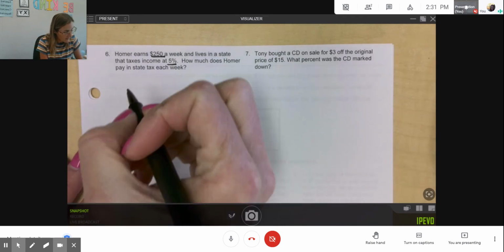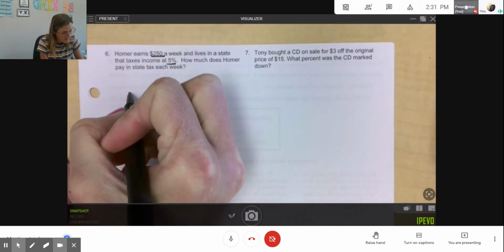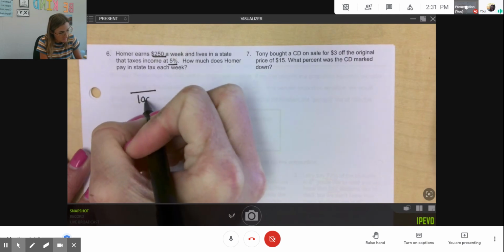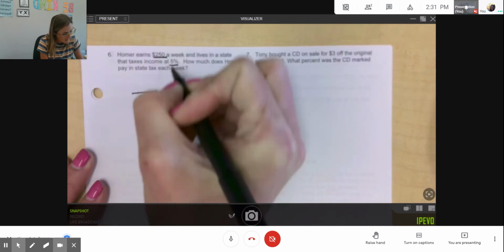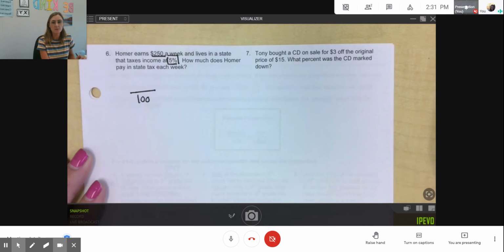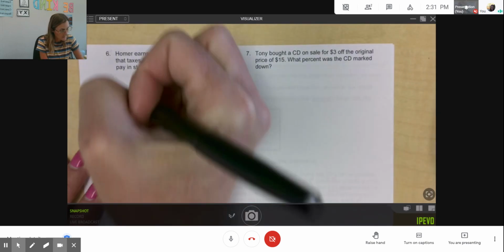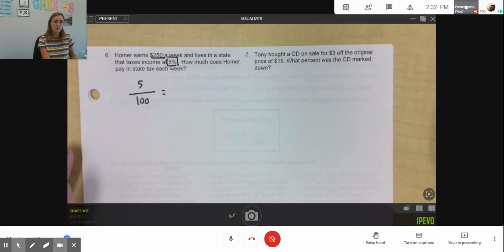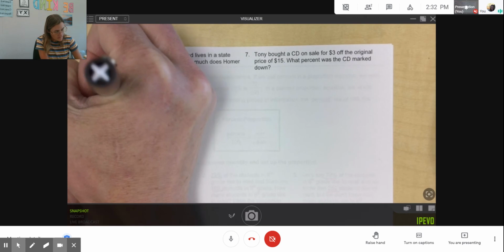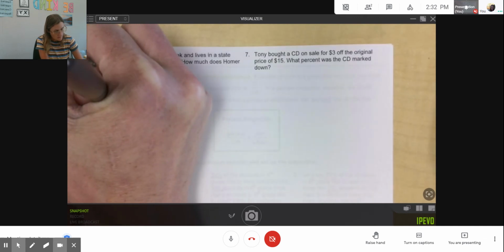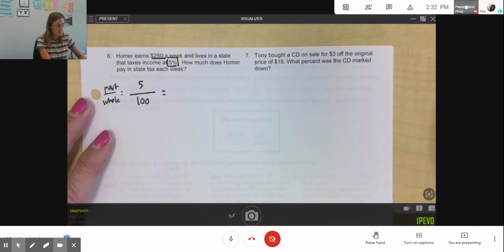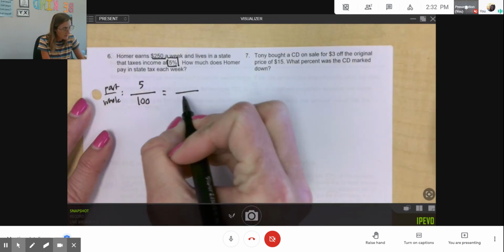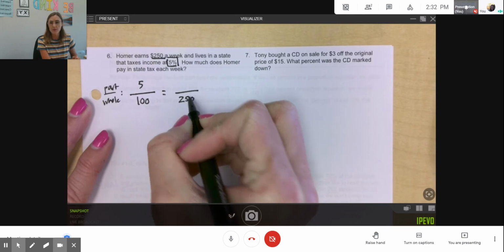Remember, we're always trying to find percent out of what, 100. In this case, it gave us the percent. So the percent is 5 out of 100. We're just trying to figure out how much does Homer pay in state tax each week. So if we're going to set this up as a part to whole, the percent is 5 out of 100%, and the total amount of money that Homer earns is $250.